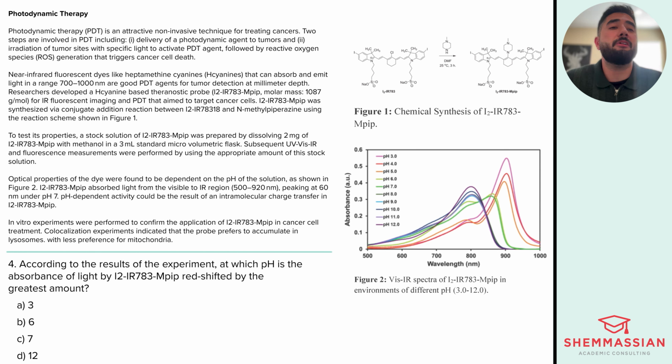Now, a question I'd be thinking to myself is, where would I even be getting this information from? The question again is asking us about the greatest amount that something would be redshifted, and at what pH that would be. If we're looking for something that would have the greatest amount of redshift, we probably want some range in that graph that would be pretty distinct from the other ranges.